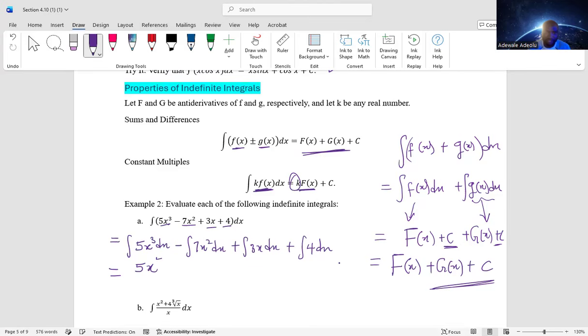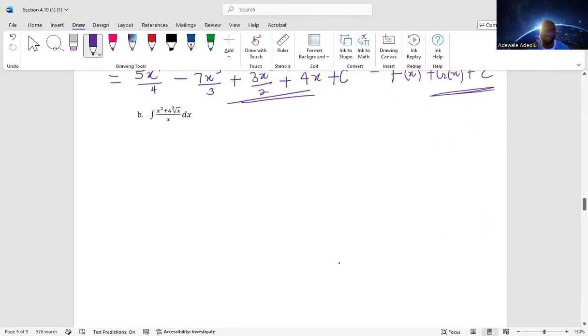So this is 5x to the fourth over 4. Instead of writing plus c each time, I will reserve it to the very end. Here is 7x raised to power 3 over 3, then 3x squared over 2, and here will be 4x, then plus c. It is important I write it there. And guys, this is our result. If you can simplify it, you can, but in this case that seems to be the last step.